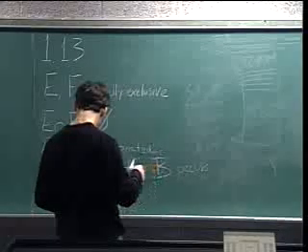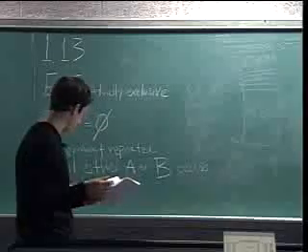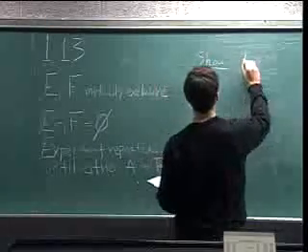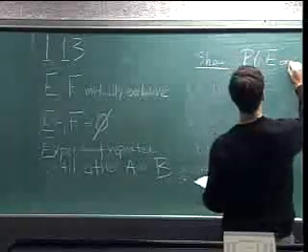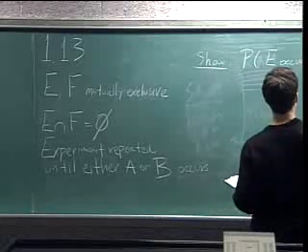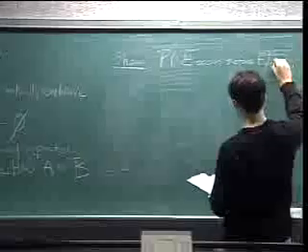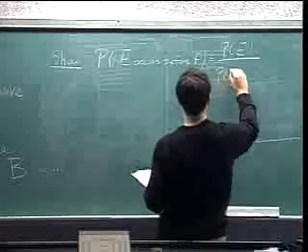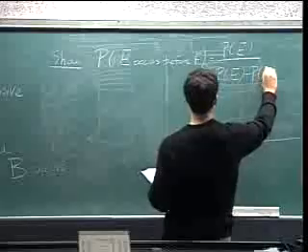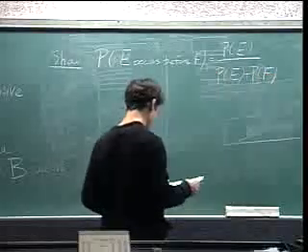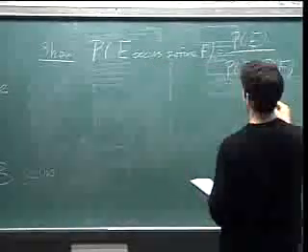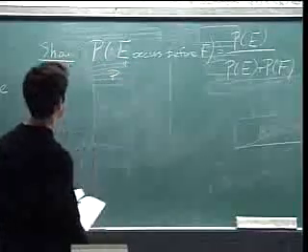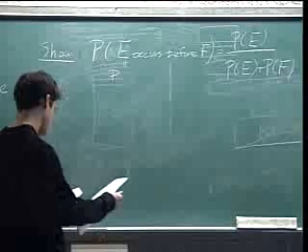And also, more importantly, show that the probability that event E occurs before event F is just equal to probability E divided by probability E plus probability F. And let's just denote this as equal to little p, so that we don't need to write this over and over again.